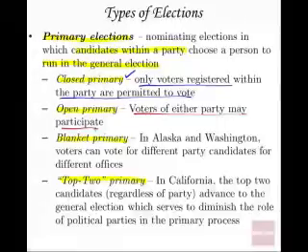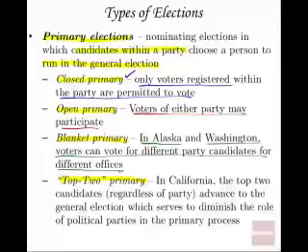And so this is one way that a member of an opposing party can jump into the fray. Okay. In a blanket primary, so for example, Alaska and Washington, voters can vote for different party candidates for different offices. So you can kind of choose. You can vote for Republicans for the Senate race and Democrats in the House race. So that's one way you can choose which slate of candidates per office.